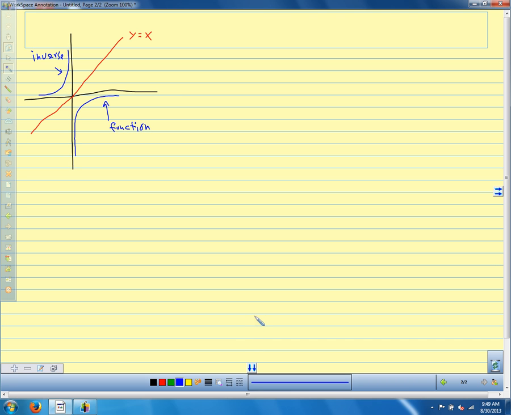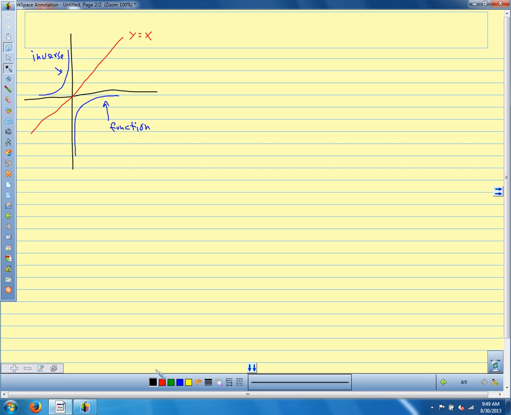So this is what we mean by the function reflecting over the line y equals x. The line y equals x is a mirror, and if I connected this point with its reflection, it would be perpendicular to the line y equals x. Anything that was an x value on this function would be a y value on the inverse. So that's what we mean by the function inverse reflect.